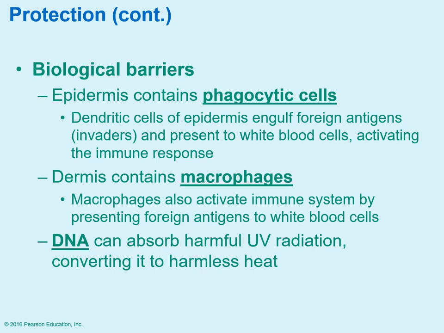In the epidermis, some of these phagocytic cells, such as the dendritic cells, can engulf foreign invaders, but they're also going to activate the immune system when they do come in contact with anything foreign, so that you kind of get this whole combined response and effort.